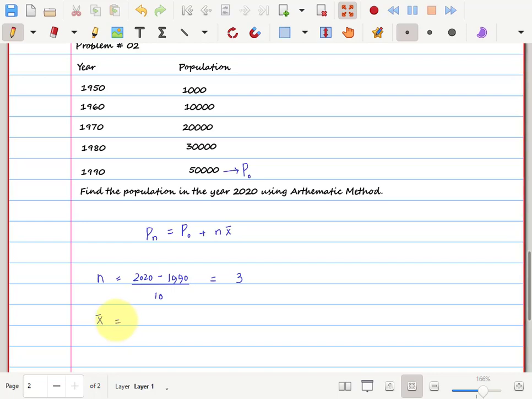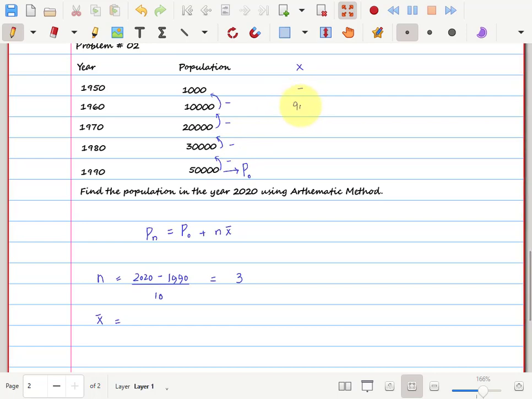The next thing we need to find is x bar. For x bar, first we need to find the value of x. We need to redraw this table and find out the x. For x, there will be no value for the first year. For the second year, this one minus this one, and then this one minus this one, and so on, will give you the value of x.